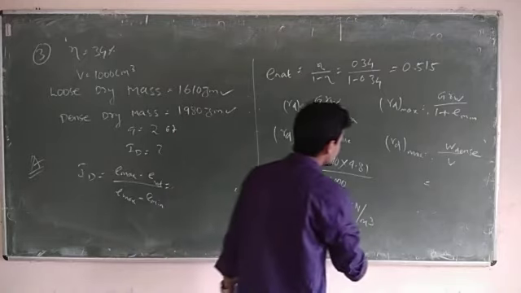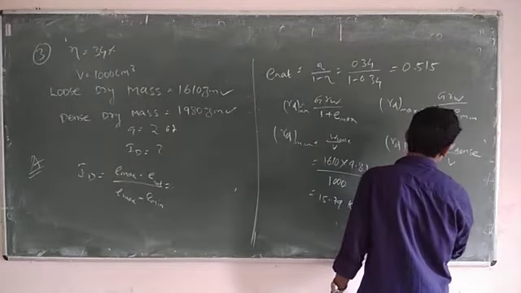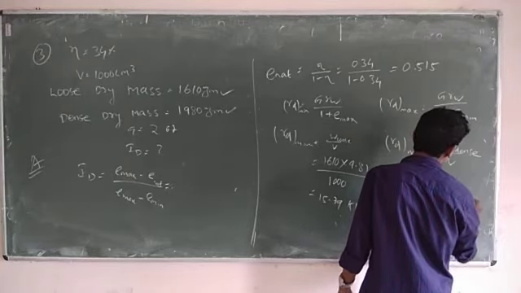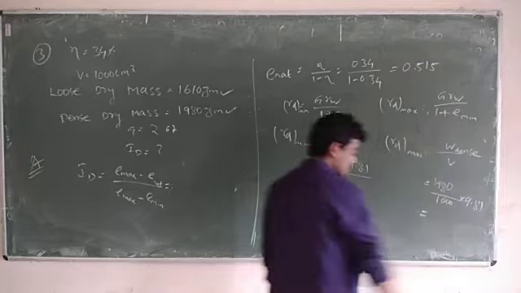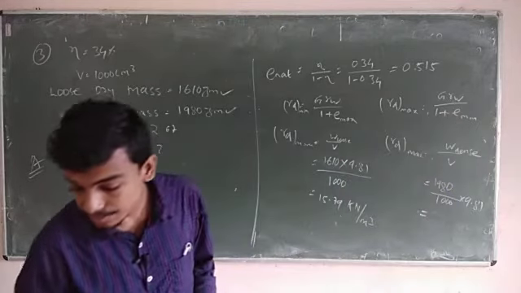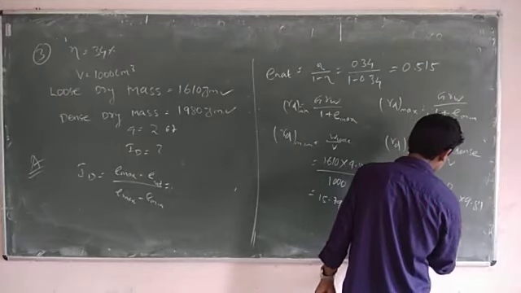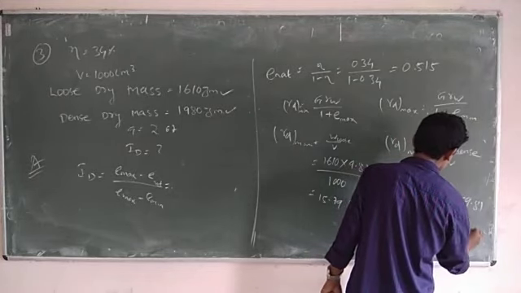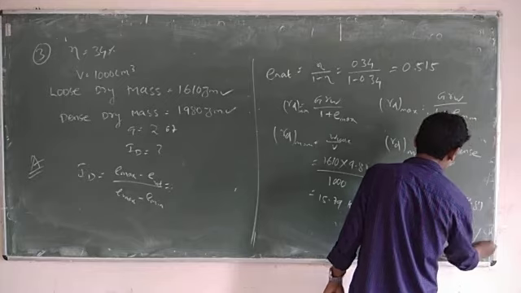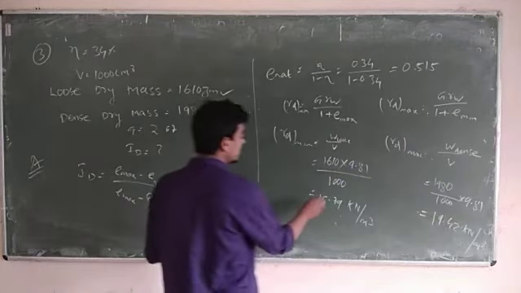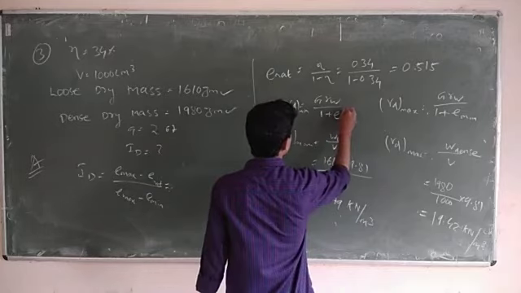So I will take 1980 by 1000 into 9.81. This value will be gamma D maximum, and that value is coming 19.42. Okay, clear? Now just put the values here, then you will get the E value.